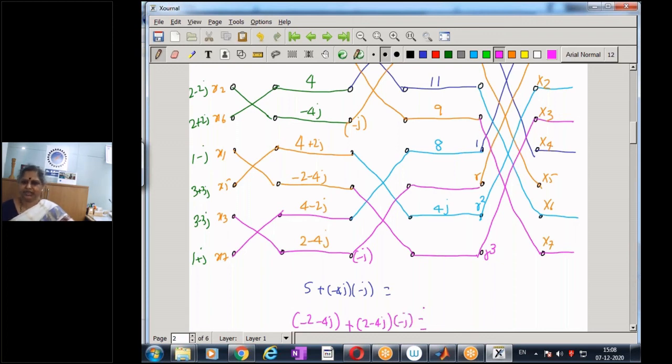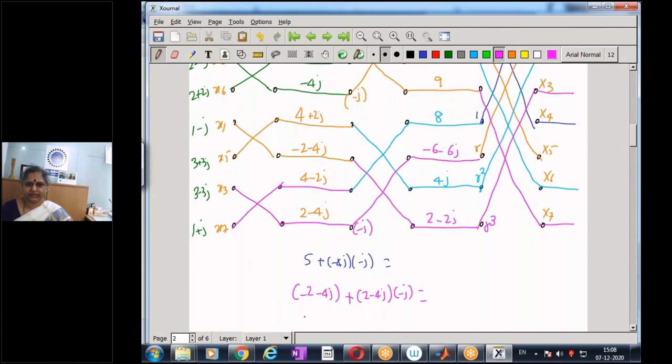When I do this, this is going to be minus 6 minus 6j, and this is going to give me similarly 2 minus 2j. We can check this computation, and the next term will be the same, minus 2 minus 4j minus 2 minus 4j into minus j. This is what we get, these terms.